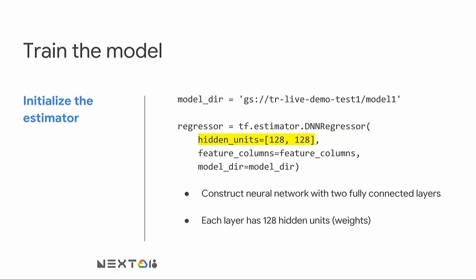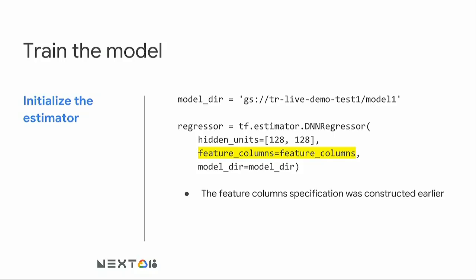Hidden units specifies the structure of the neural network. Here we are going to be using two fully connected layers, and each layer is going to have 128 hidden weights. Feature columns are exactly the feature columns that we defined earlier.